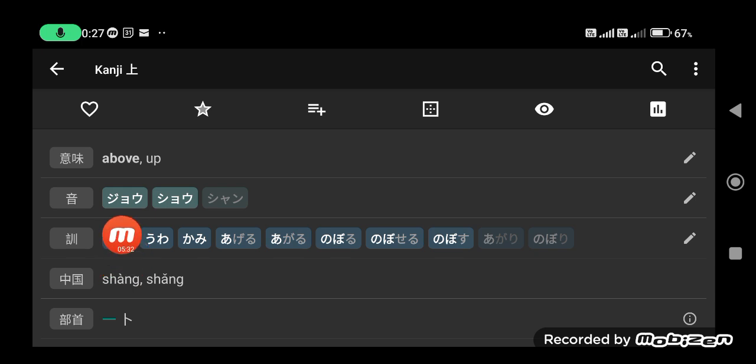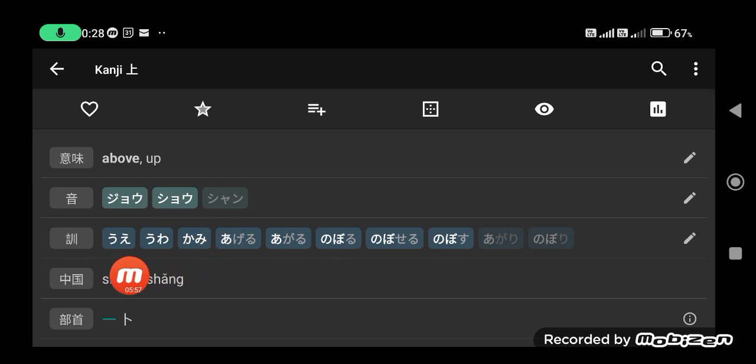But with very few exceptions, like shinjiru or sonjiru, there are some onyomi that have okurigana, believe it or not. I will also put some known exceptions in the description box, but don't worry, there are very few.